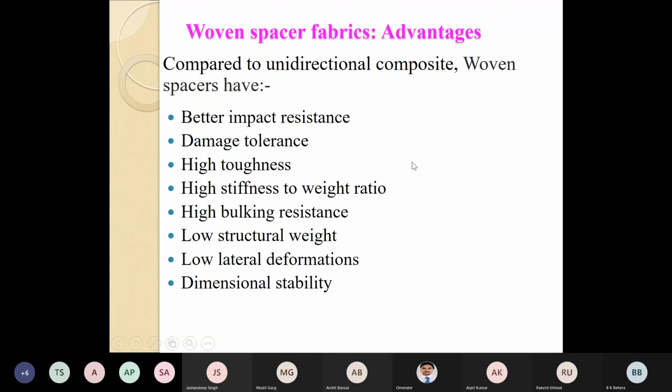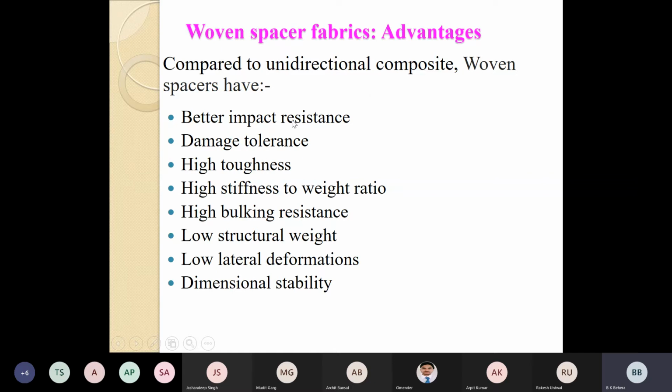So, summarizing spacer fabric advantages: better impact resistance. Remember, when I am saying spacer fabric, it is always spacer composite. We don't test spacer fabric as such, because without converting to composite, the structure collapses. It has no property. It has property only when the structure is converted to composite material. So when these spacer woven fabrics are converted to composite material, what do they offer?